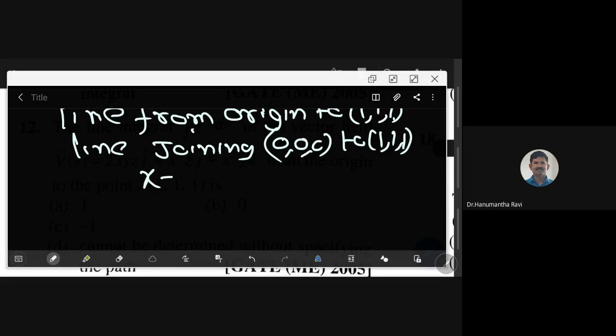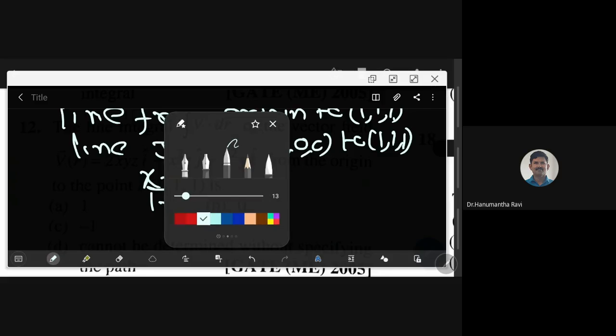One point we are fixing as 0. We have a formula: (x minus x1) by (x2 minus x1) is equal to (y minus y1) by (y2 minus y1) is equal to (z minus z1) by (z2 minus z1). So 1 minus 0. How am I getting this 1 minus 0?